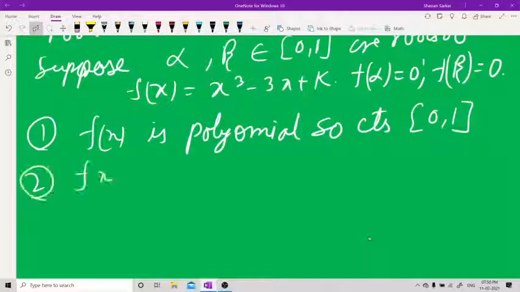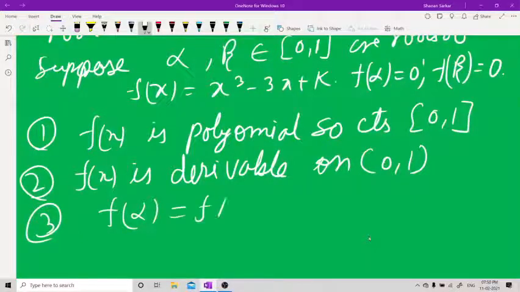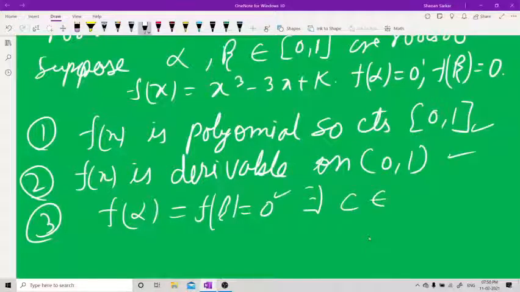Second, f(x) is derivable on the open interval 0 1. We just saw, f of alpha equal to f of beta equal to 0. All three conditions satisfied. The c between this, f(x) is a polynomial derivable on this.